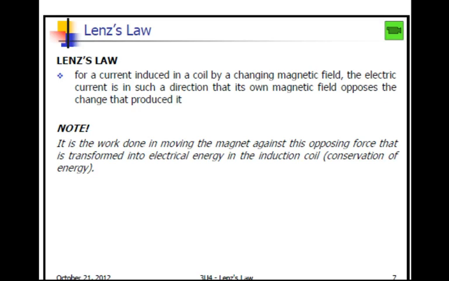So it is the work done in moving the magnet against the opposing force that is transformed into electrical energy in the induction coil. So there's a conservation of energy in that sense, because we're doing work by opposing the force of the two fields.